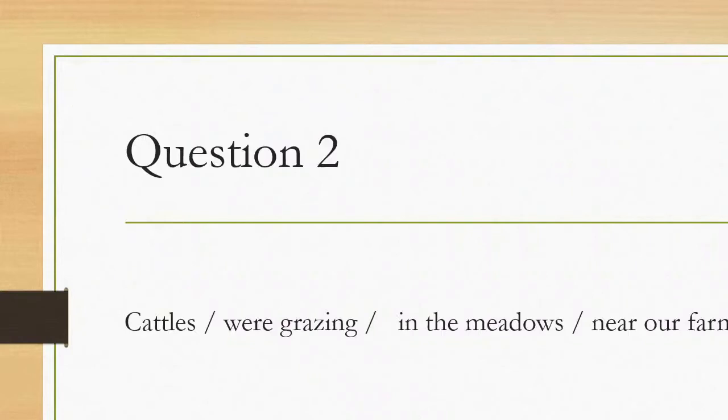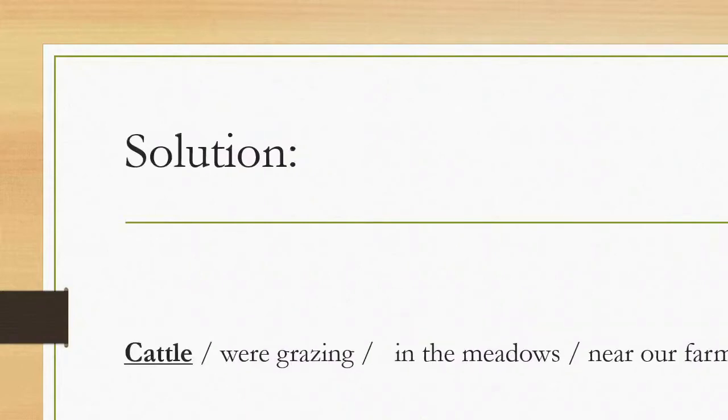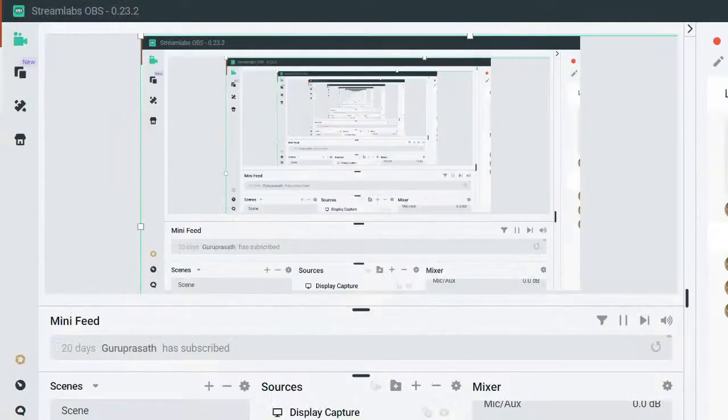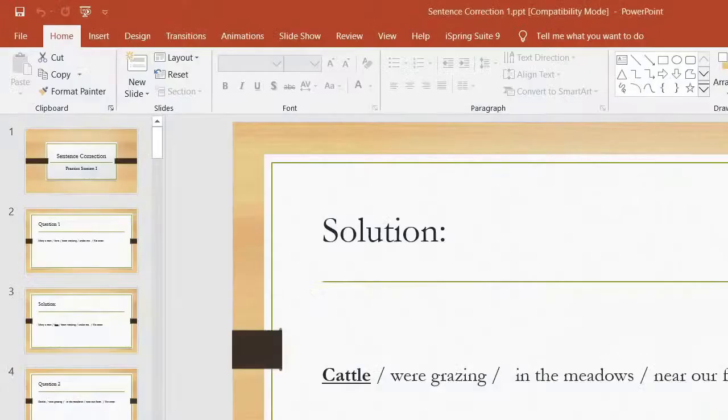So there is no word in English called "cattles," instead we would say cattle. The error is in the first part. Look at the answer: it should be "cattle were grazing in the meadows near our farm." So the error is in part A. That is what you have to understand. Fine. Now we'll go to the next one.